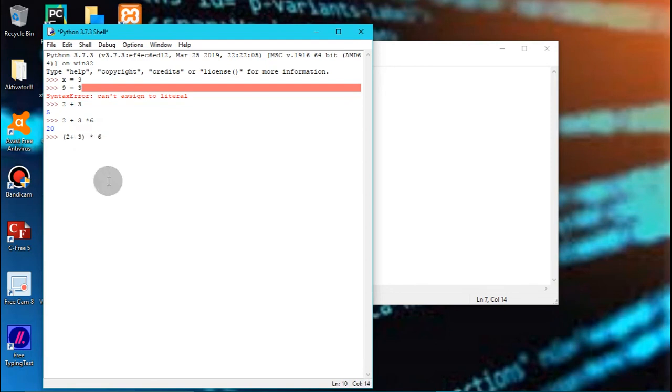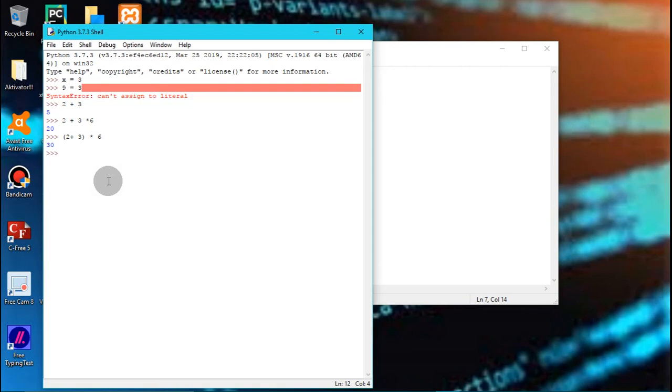So guess what we'll be getting as the answer. The answer will be 30. The parentheses are added first, 2 plus 3 is 5, times 6 is 30. And yes, we got that.